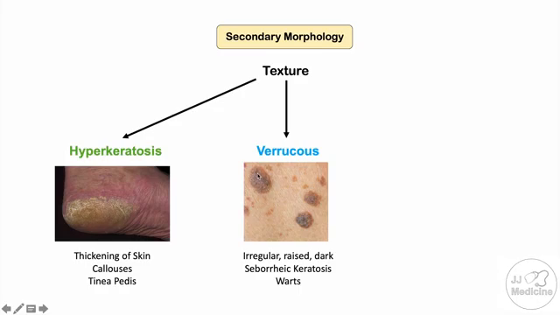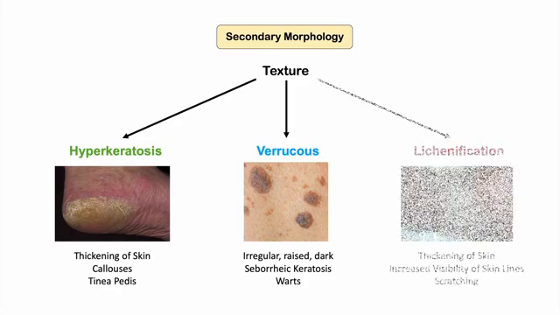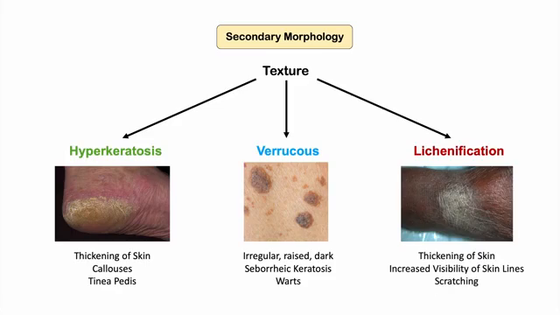Sometimes you can see the term pebbly being used as a descriptor for these types of skin lesions, and we can see them in seborrheic keratosis and warts. Another term is lichenification. Lichenification is a thickening of the skin. So you can see here there's some thickening.